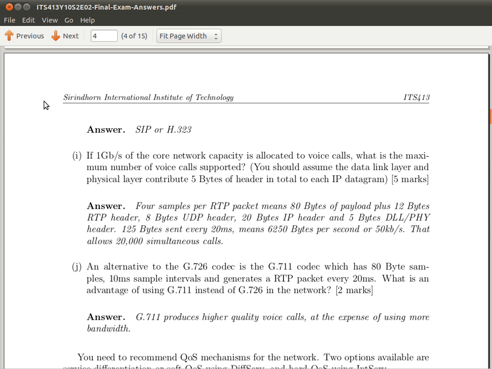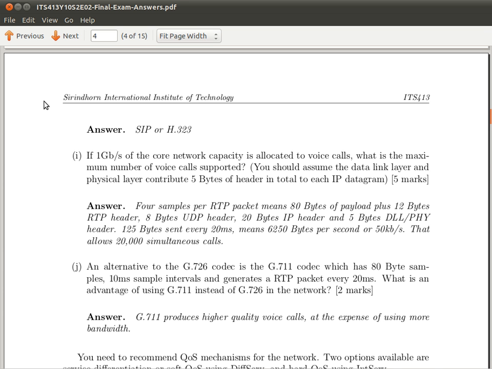Sent 50 times per second, 50 times 125 is equivalent to 50 kilobits per second. So your computer is sampling voice at some rate, producing samples, putting them into packets and sending those packets, and the amount sent across the link works out to be 50 kilobits per second.